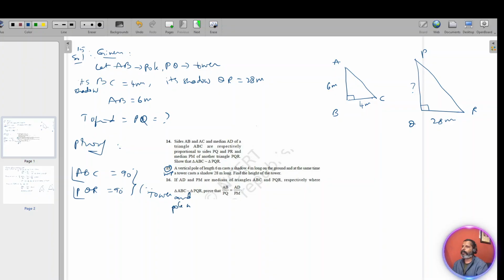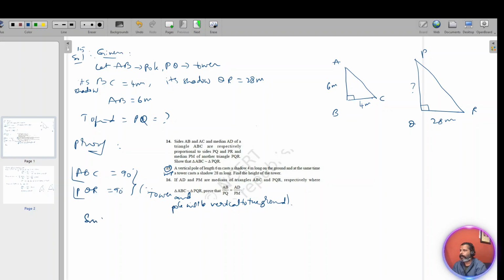Tower and pole will be vertical to the ground. Therefore, they are 90. For the other one, we need an angle criterion or two sides, but one angle we'll get. How? See, this is a concept. When two objects are there and sunlight falls on them, it makes the same angle to the ground, the shadow angle. Means A and P will be equal here. That we are writing. That's the concept here. Please check out.